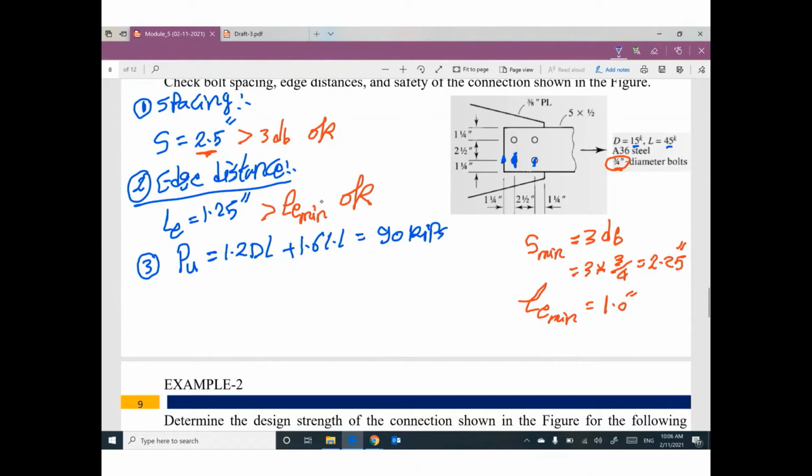What is the design strength of one bolt? One bolt equals 0.75 times FVN times area of the bolt.